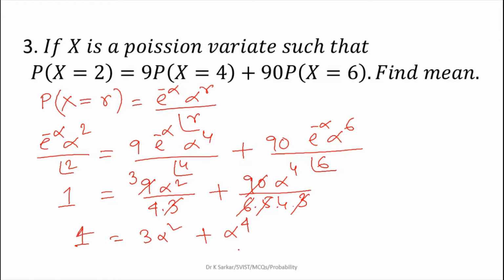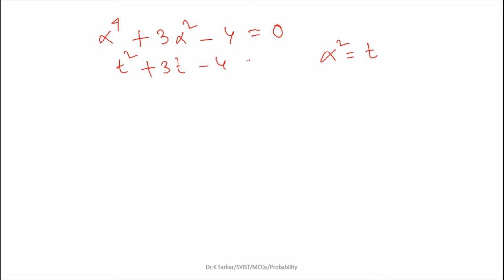Now let us write the equation alpha to the power 4 plus 3 alpha square minus 4 equals 0. Let alpha square equals t. So t square plus 3t minus 4 equals 0. If we solve this equation, then we will have t plus 4 and t minus 1 equals 0.